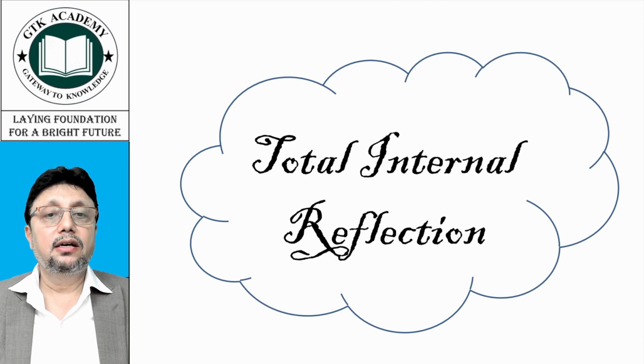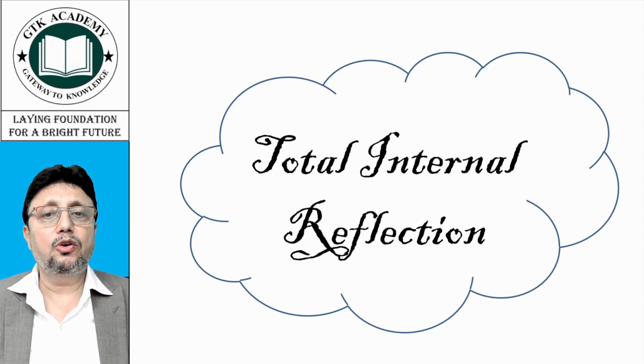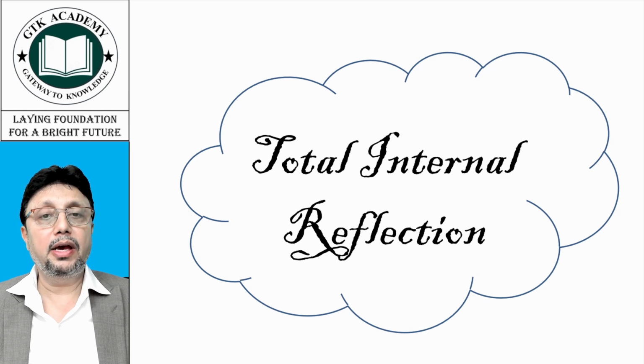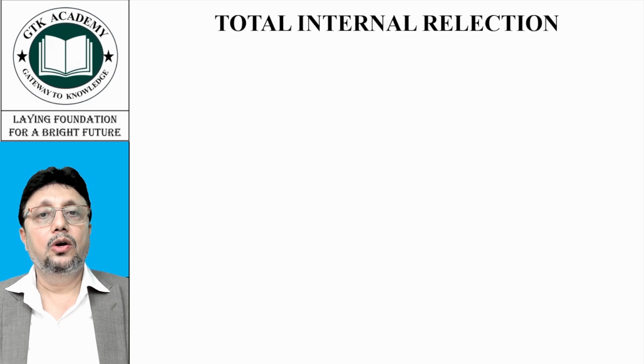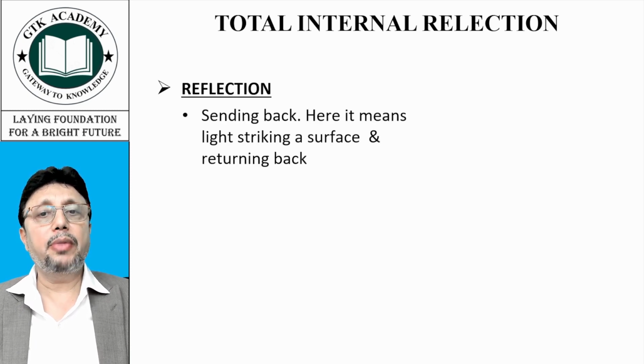But before that, let us refresh some of the basic knowledge of optics, one or two terminologies which will be helpful in understanding total internal reflection. So the first terminology is reflection. What do we mean by reflection? Reflection is sending back.